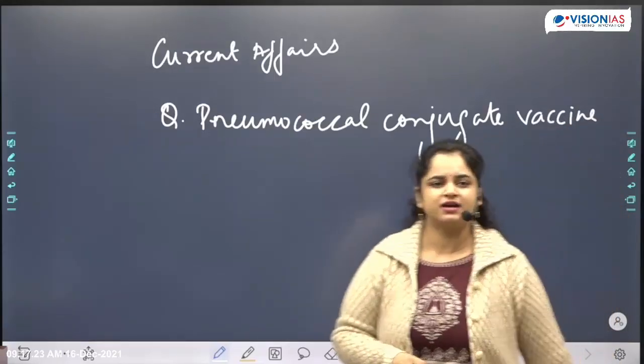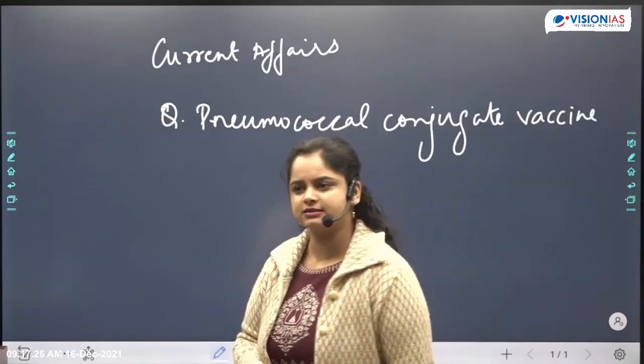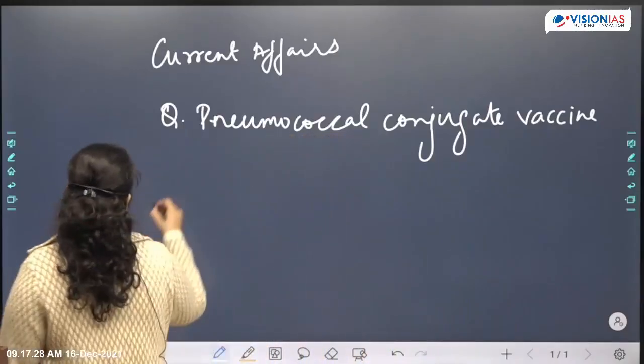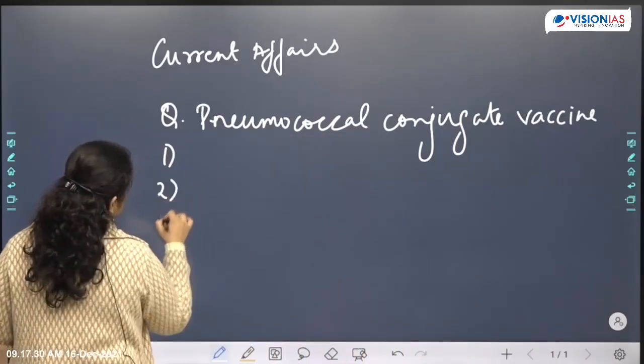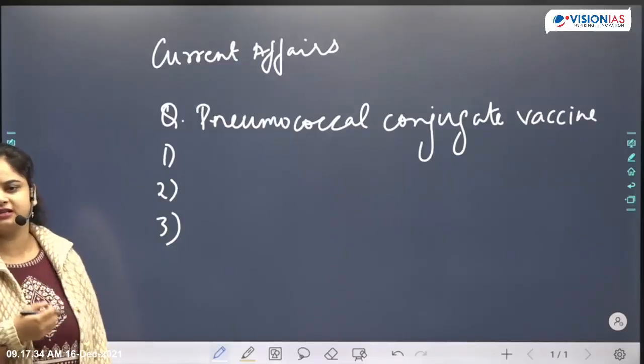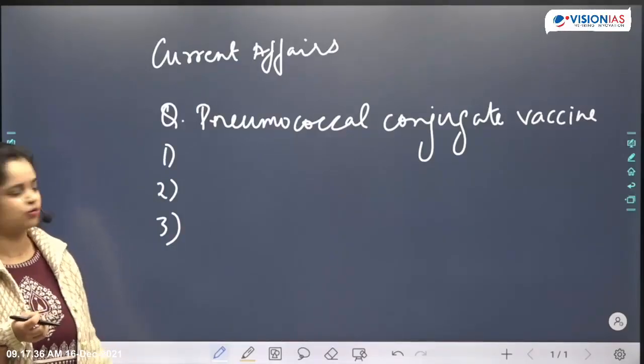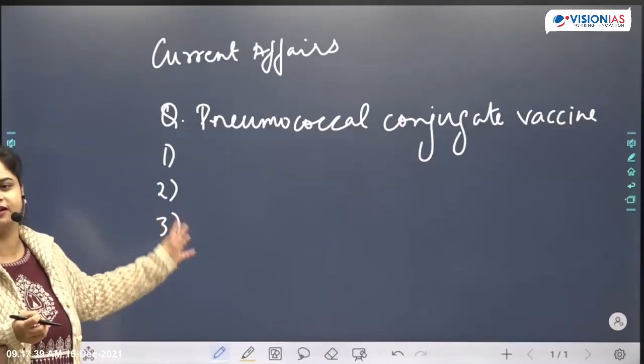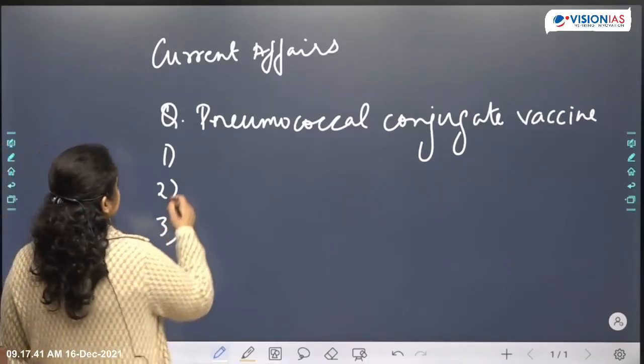The way UPSC asks questions, it gives you multiple statements and asks you to choose. Like it will give you 3 statements and ask which of the following are correct, with options like 1 only, 2 only, 2 and 3, 1 and 3.